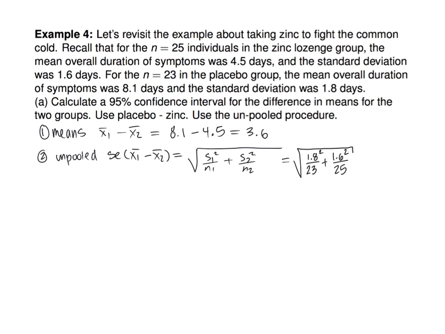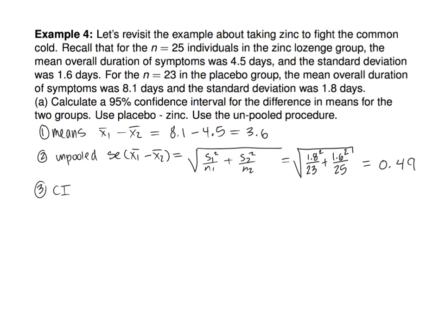If you did mix those up, it wouldn't matter, because when you add, the order is irrelevant. So this should come out to be 0.49. Tell me if you also get that. 0.493, okay, so 0.49 is good. Awesome. Then find your confidence interval.